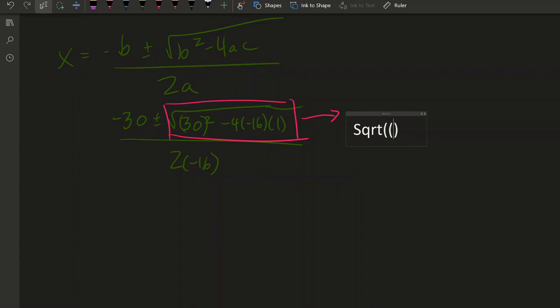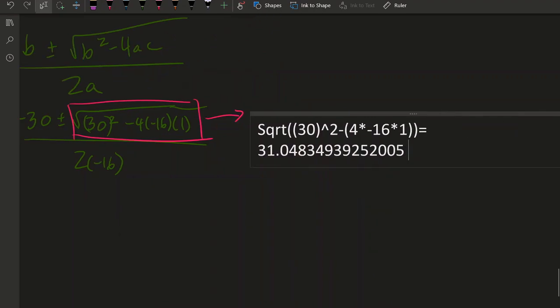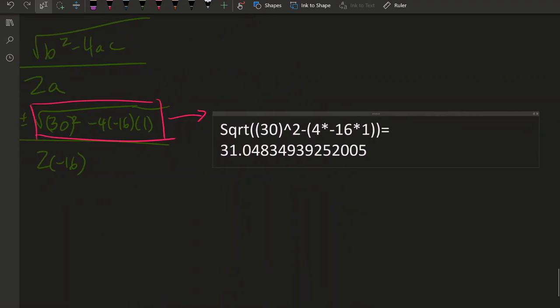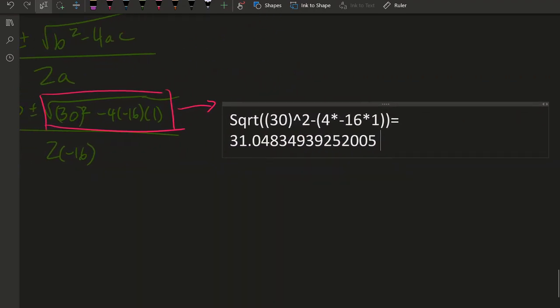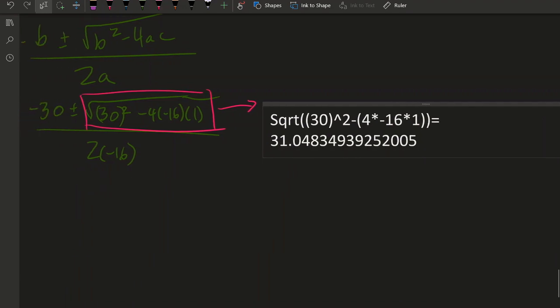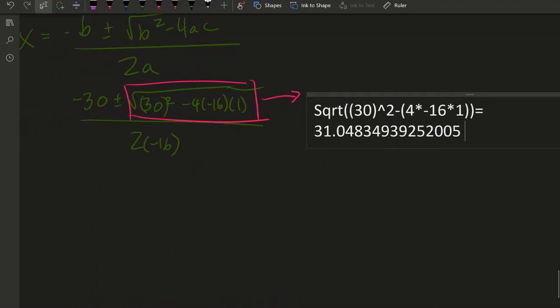Square root of 30 squared minus 4 times negative 16 times 1 is equal to 31.048. Now, we ended up with a positive number, so that means that we will have two real solutions.